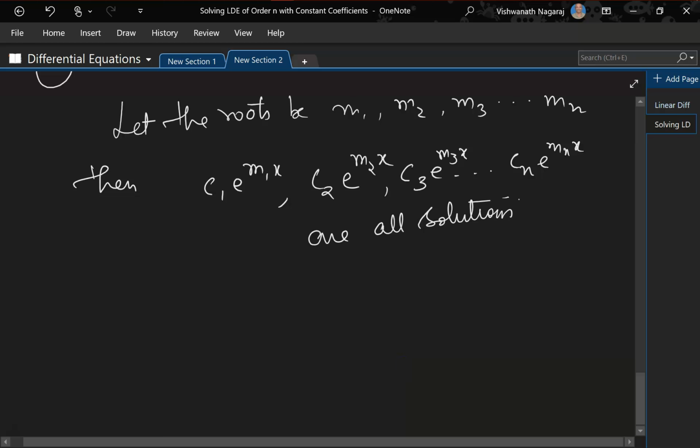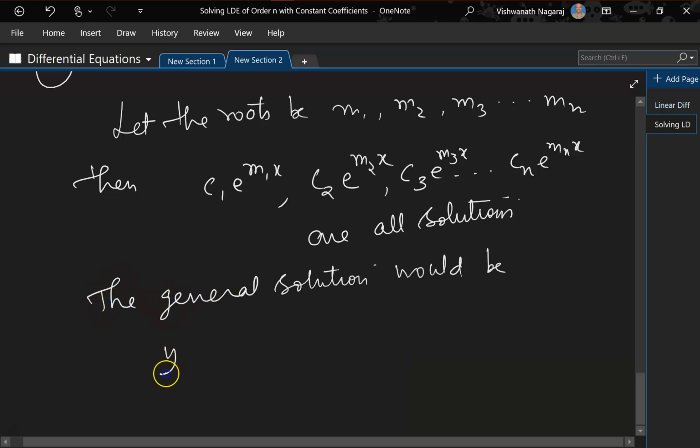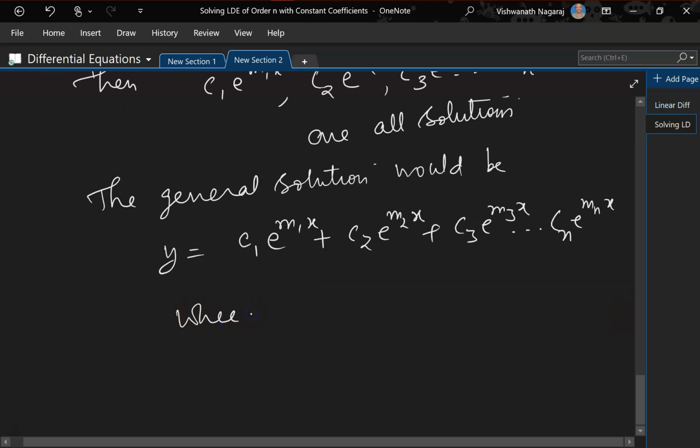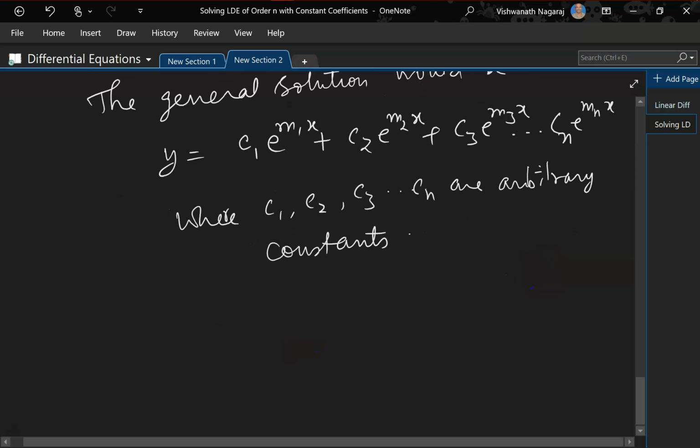In which case the general solution would be y is equal to c1 e^(m1x) plus c2 e^(m2x) plus c3 e^(m3x) and so on up to cn e^(mnx), where c1, c2, c3 are arbitrary constants. Okay, so that is when the roots are real and distinct.